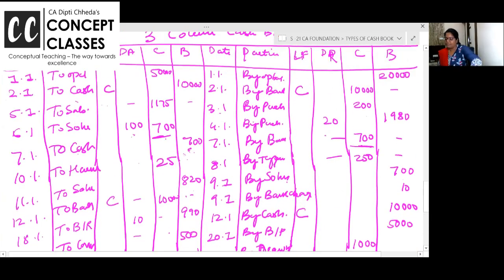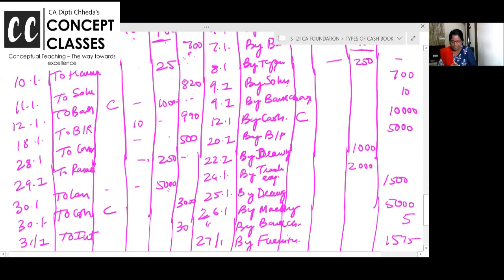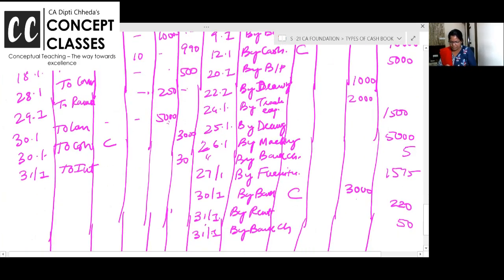Now cash column. Do the total of the cash column, debit side. I'm reading out loudly so that you all can also do.